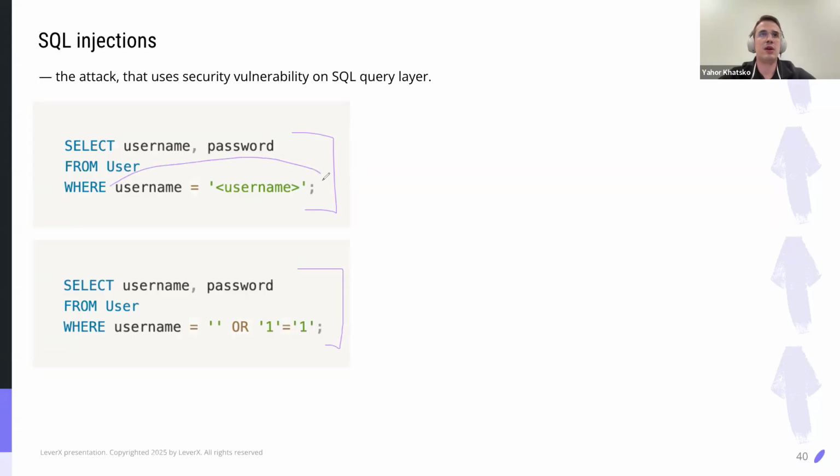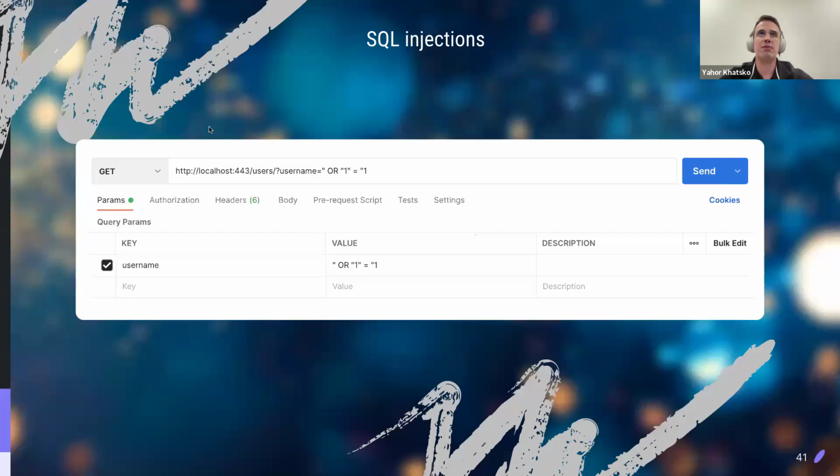As you can see here, we have a statement that filters all the users that have a specific username. But there is a way, using the vulnerability, to move from that SQL query to the other one. You may be surprised how that could happen, and we will talk about it in a second, how it's actually executed from the query perspective.